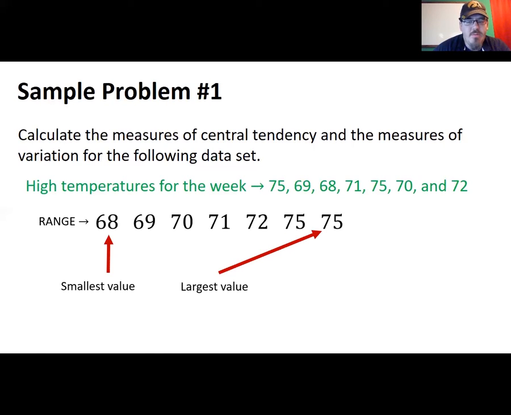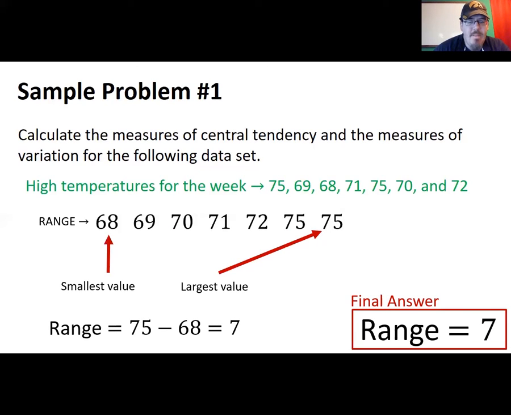The range is the difference between the biggest value and the smallest value. So in this case, the range equals 7. That's giving you an indication that the high temperature for the week only ranged or varied by 7 degrees from smallest to biggest. All the values were somewhere within that range. So 7 is our range.